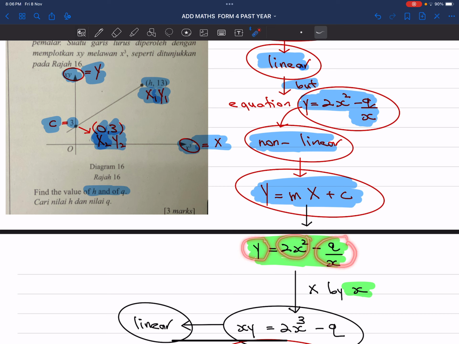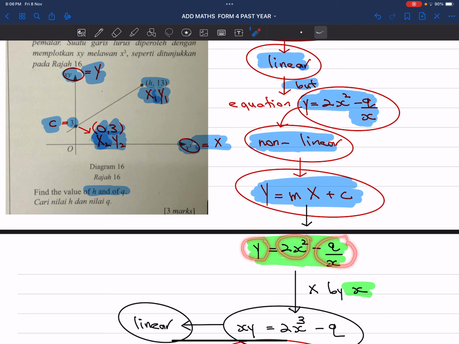So y times x, I get xy. 2x squared times x, I get 2x cubed. And q over x times x, the x cancels. We are left with minus q.